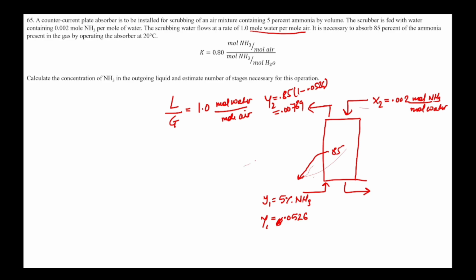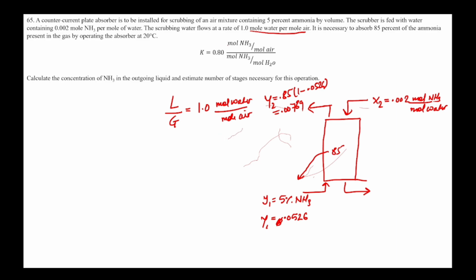Because this is the concentration of ammonia in the feed, and 85% of this value will go into the solvent, then what remains, 1 minus this value, goes outside with the air.